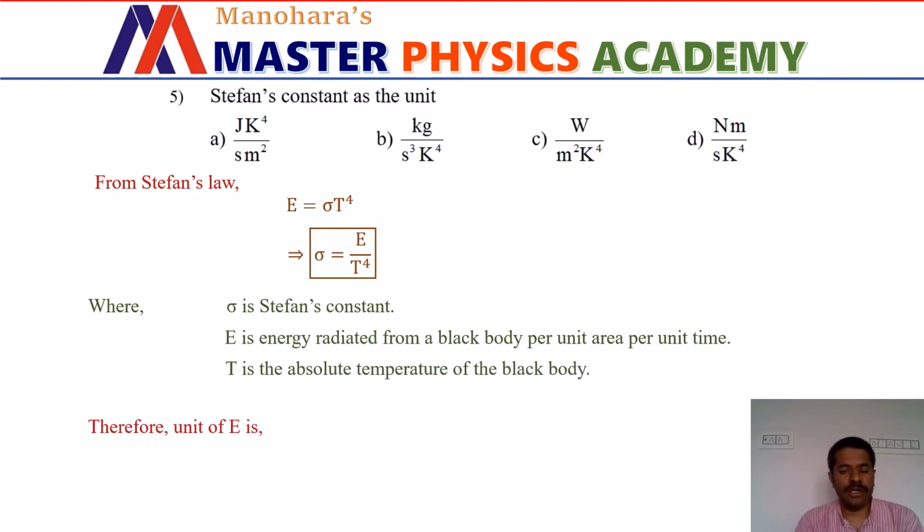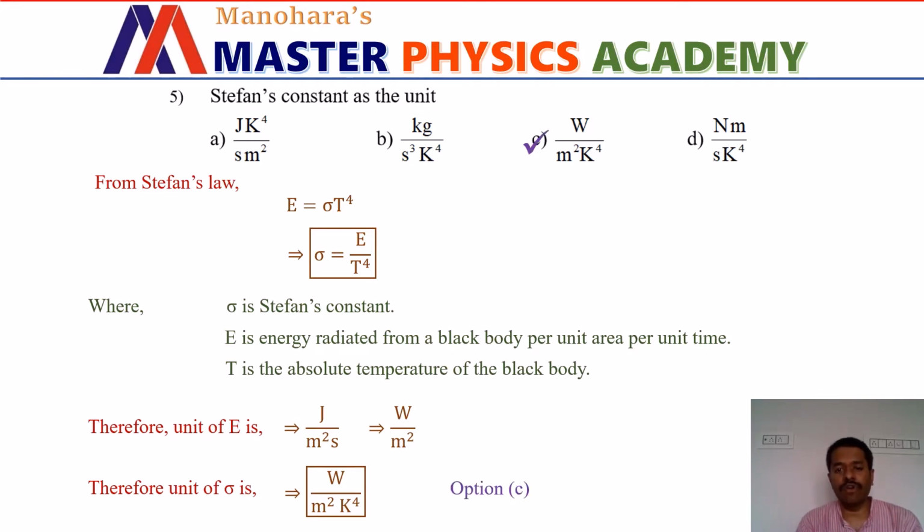Now, according to the definition, we have the unit of E as joule per meter squared per second, or else it can also be written as watt per meter squared. Hence, the unit of sigma becomes watt per meter squared per Kelvin to the power 4. Hence, option C is the right choice.